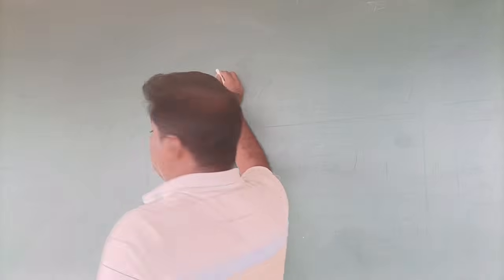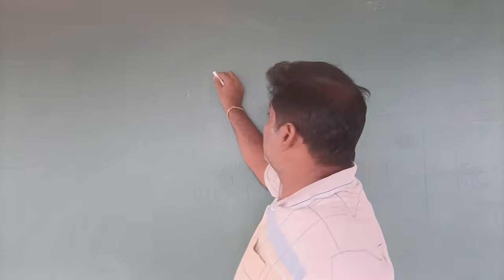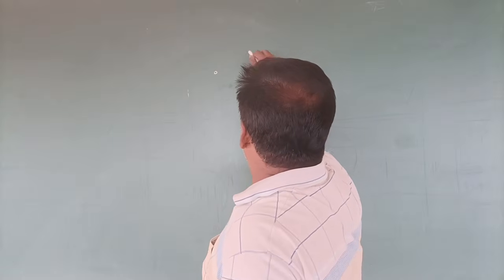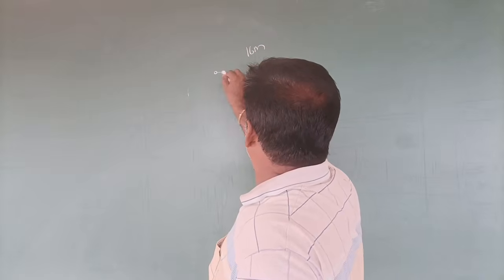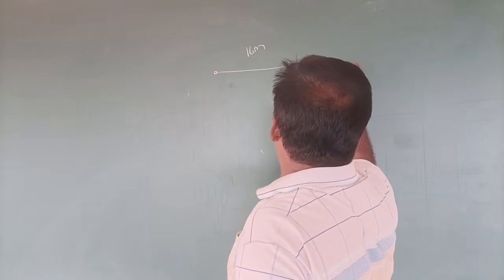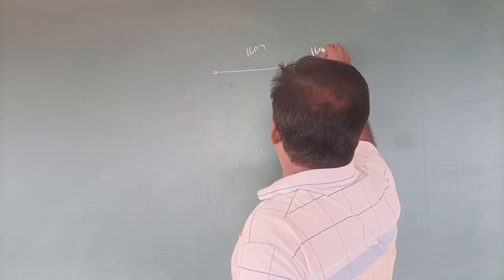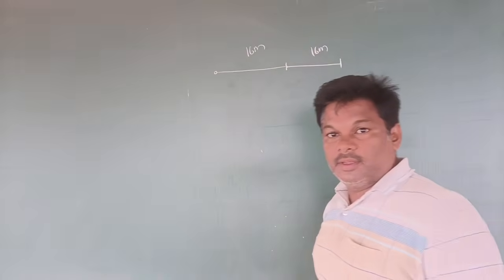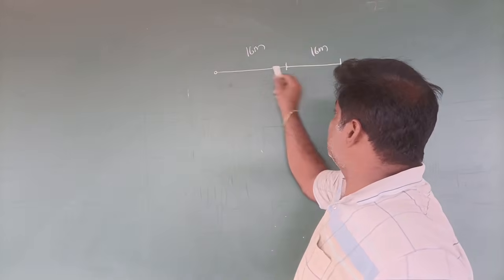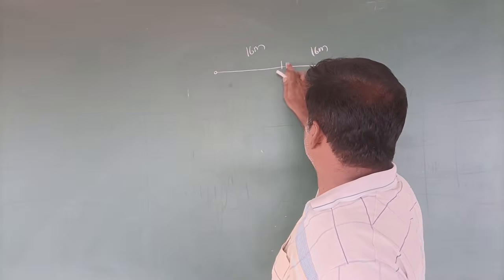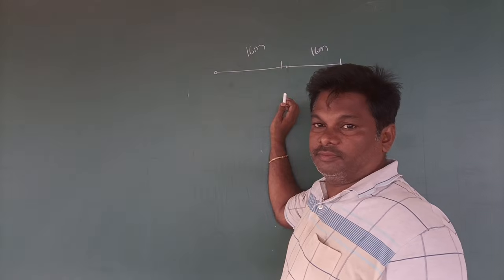In this problem, an object travels 16 meters in 4 seconds, then another 16 meters. Observe keenly, you will get a clue here. The same 16 meters he is covering again in a different time interval. So the displacements are the same.